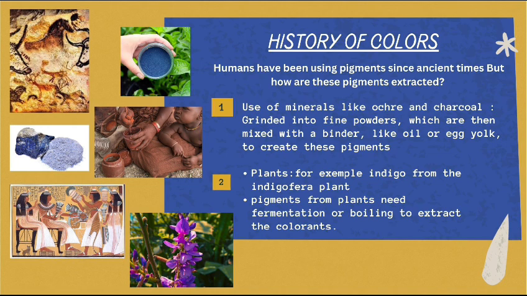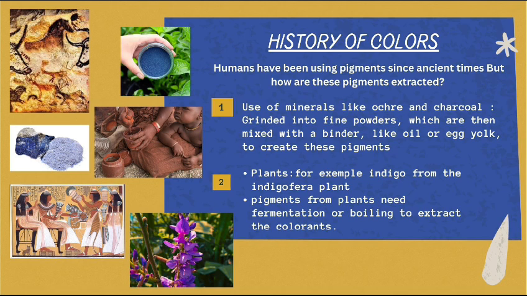As time went on, civilizations like the Egyptians began using colorants, substances soluble in water, from natural sources such as plants and animals to dye fabrics. From plants, we get pigments like indigo from the indigofera plant, which is boiled and processed to create deep blues.